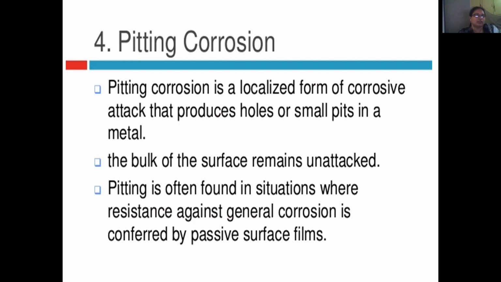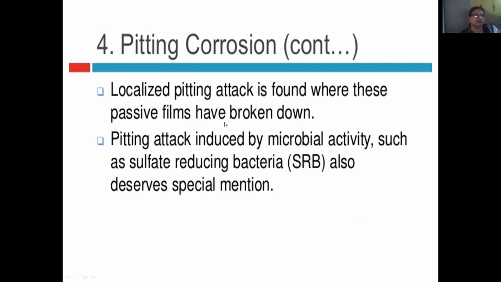Wherever you find metal oxide layers with pits or holes, there pitting corrosion can take place. Pitting is often found in situations where resistance under general corrosion conditions is conferred by passive surface films. Localized pitting attack is found where these passive films have been broken down.